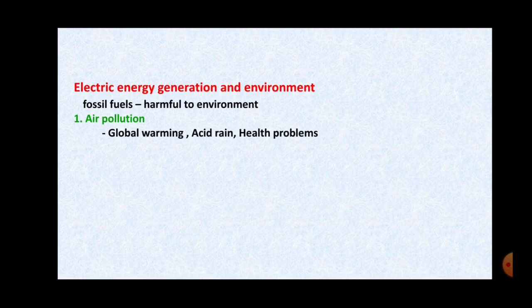Then the incomplete combustion of this fuel also takes place, because of which the carbon monoxide gas is released. And if you remember in our lower classes, we had studied about the adverse effects of carbon monoxide on our health, especially on our respiratory system, even on the plants, right?